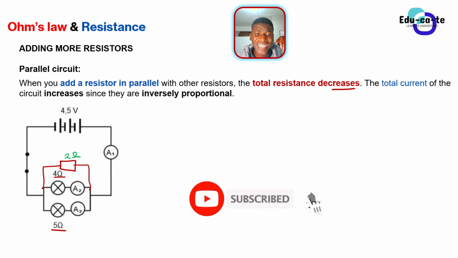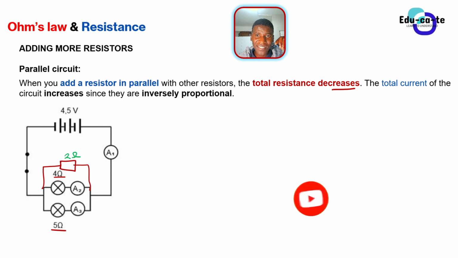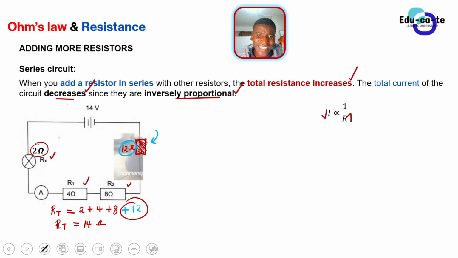So you can see that I've added another resistor, but I've connected it in parallel to these resistors. So I'm adding a resistor in parallel. It's not the same thing as adding it in series. Remember, when I was adding it in series, there was no current being split. That's why it's very important for you to understand what we mean when we say that current is being divided or current is the same.